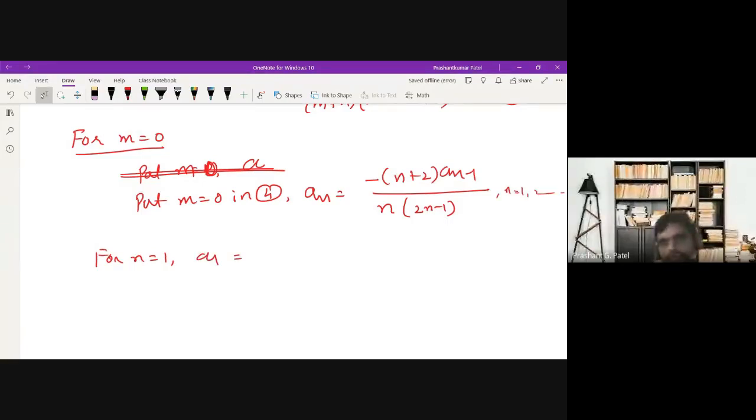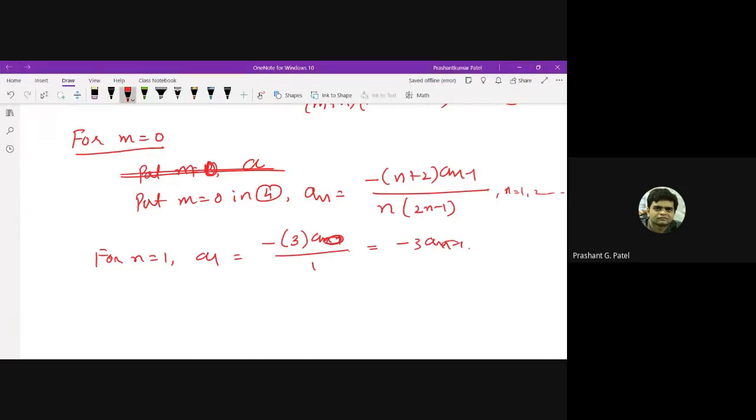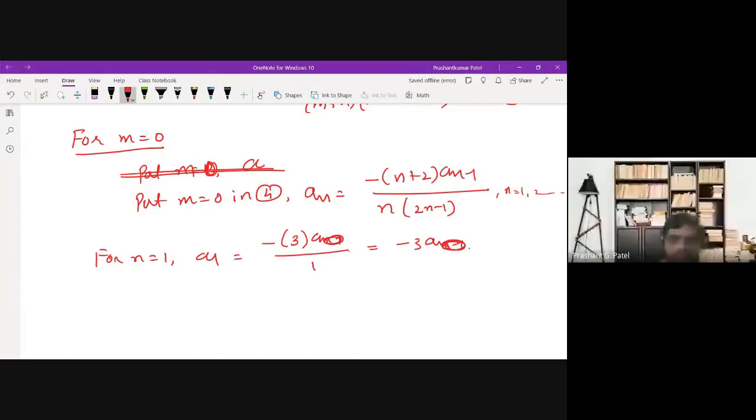So you have a1, which is minus 3 into a_(n minus 1), that is a0, upon 1. So it is minus 3a0.